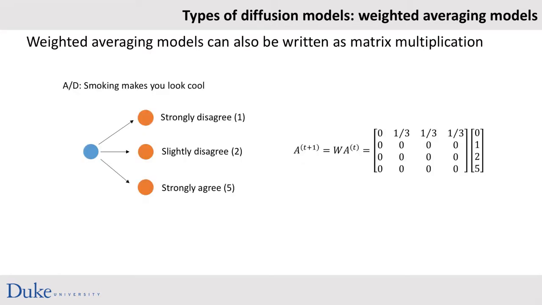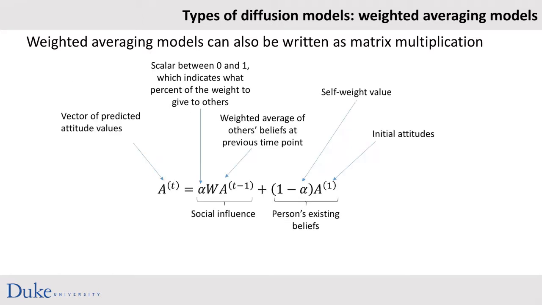And again, these can be written out as a matrix multiplication problem, similar to the other one. If we were to multiply this out, this is just the row normalized version of that, and you'd multiply it by the attitudes. And if you actually write it out as a matrix multiplication problem, you can set it up so that each person has a particular value for self-weight and a weight that they give to others.